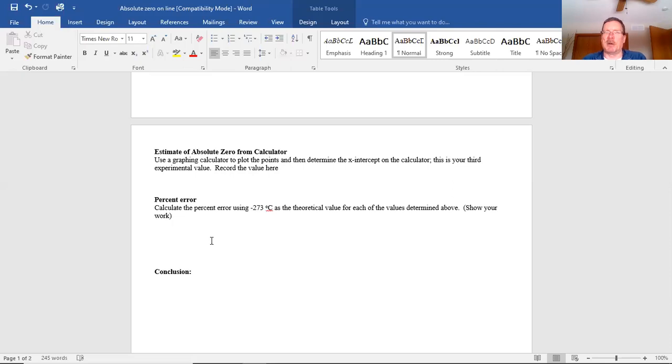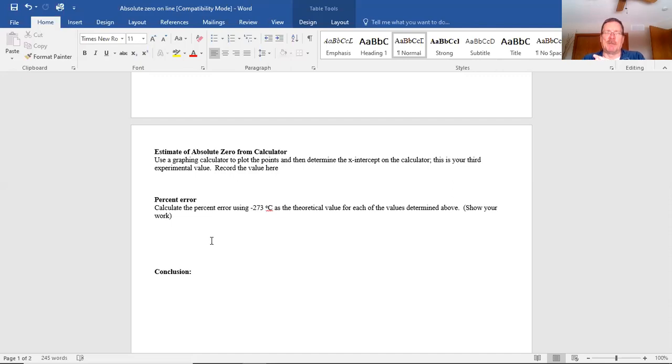You're going to have a percent error for your graph, and what you determine the absolute 0 was on the graph. Where did it cross that x-intercept? That's your experimental value. Negative 273 is your accepted value. Show all your work and label it as from the graph.